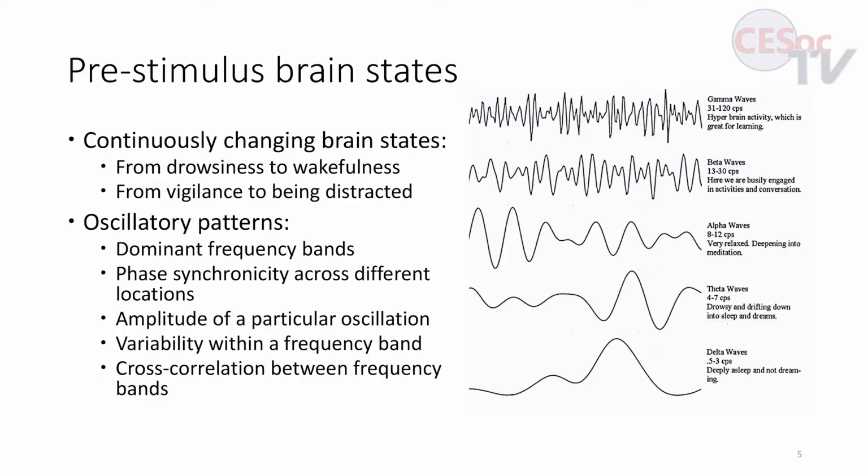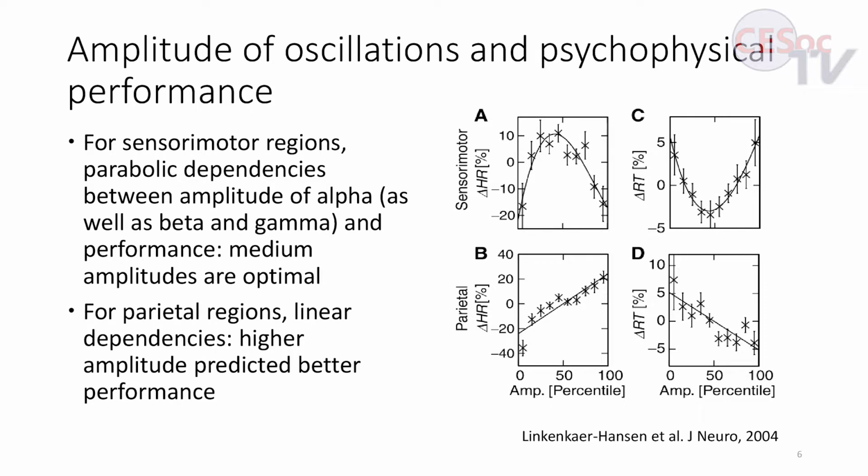And also we can look at how different frequency bands are correlated with each other. And all of this has been shown to correlate with different kinds of activity and different types of brain state.